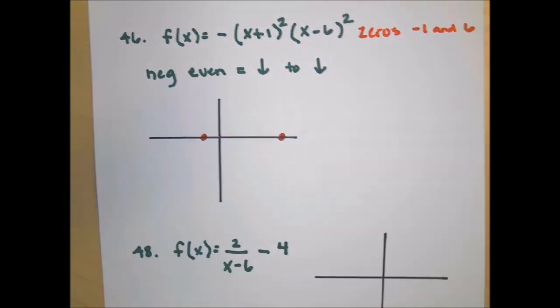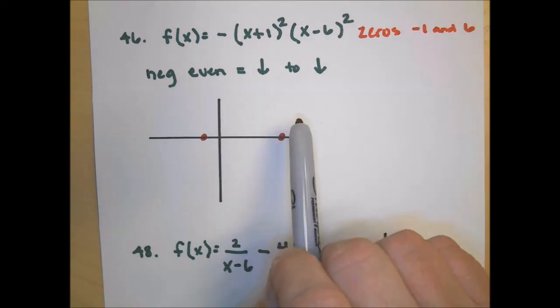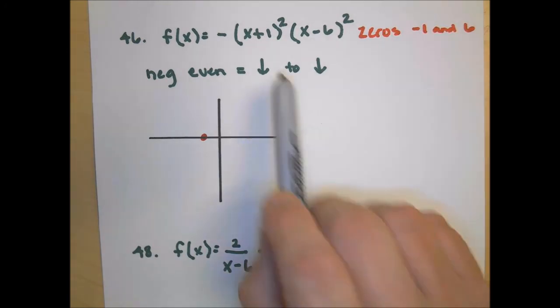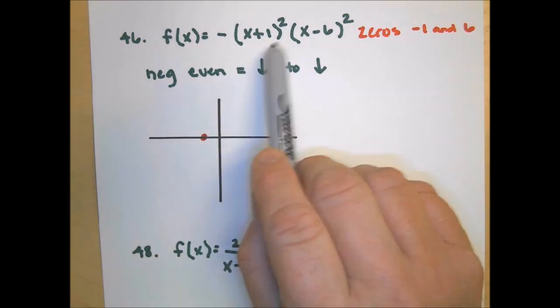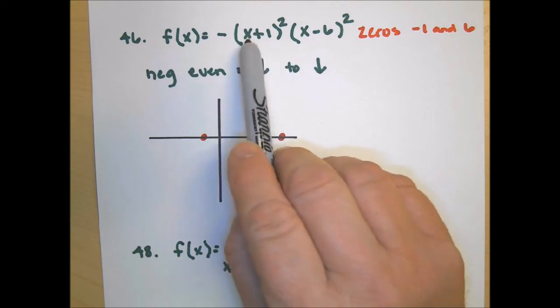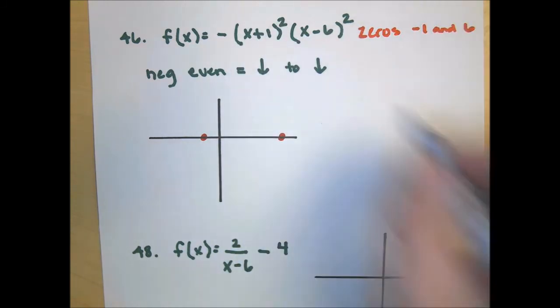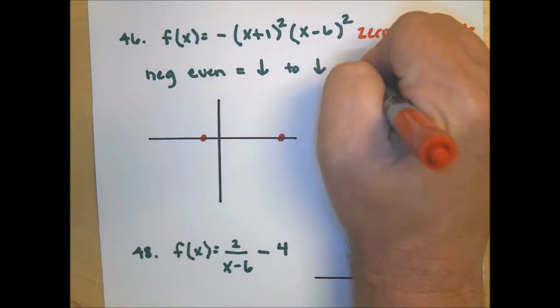Now, the next thing we need to know is the end behavior of the graph. My highest x power, if I multiplied all this out, which I'm not going to, would be x to the 4th, because x squared times x squared is x to the 4th.